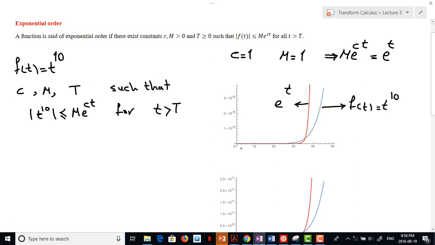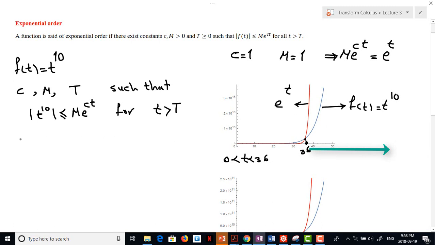Between 0 and this point, which is almost 36, the blue plot is greater than the red one. So t to the power of 10 is greater than e to the power of t. But after 36, e to the power of t is greater than t to the power of 10.